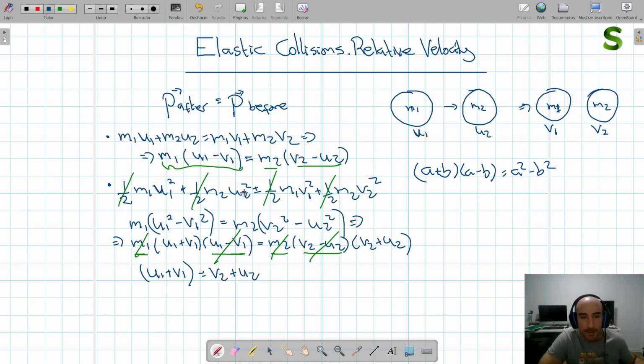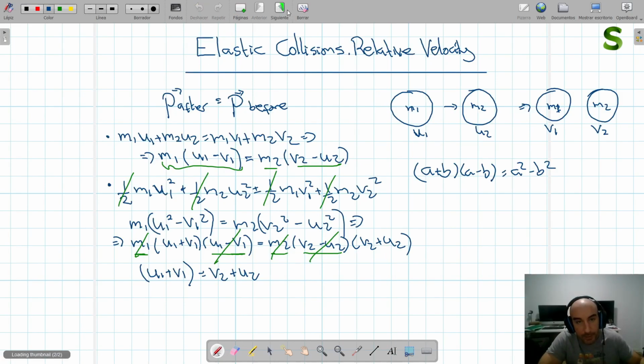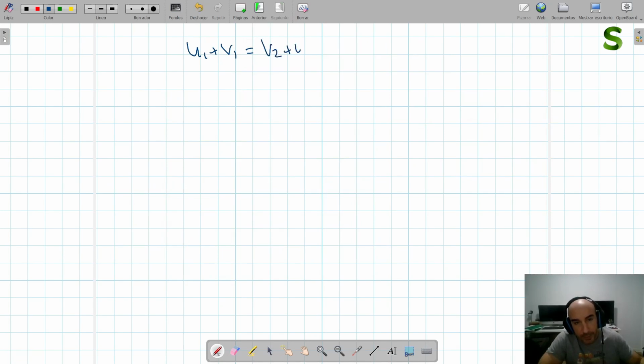Okay, so again, I've used both equations and I've rewritten them correctly, factorizing the m's, and I see that m1 (u1 minus v1) equals m2 (v2 minus u2), so they're on both sides of the equation, so I can cancel them out if they're equal and obtain this. So in the end, I have that u1 plus v1 equals v2 plus u2.